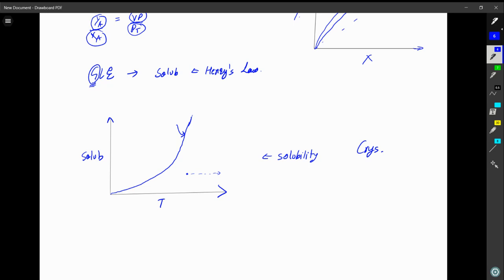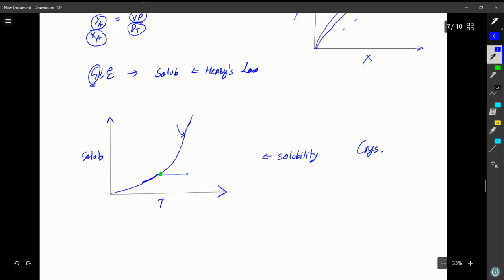There is no worry. But then what to do if you start decreasing the temperature at this point? From here you'll go here first. Let's say you reach this point over here. Now what to do? You cannot go into this region as it is prohibited. So if I decrease the temperature further, what will happen?